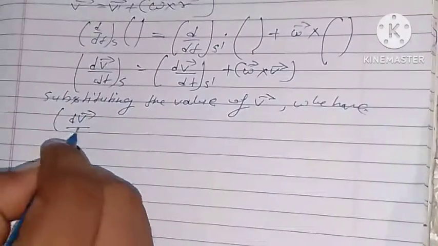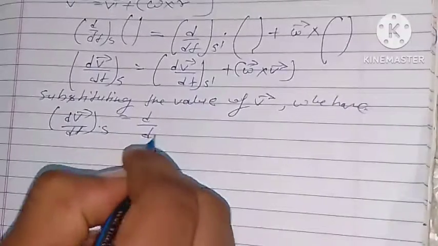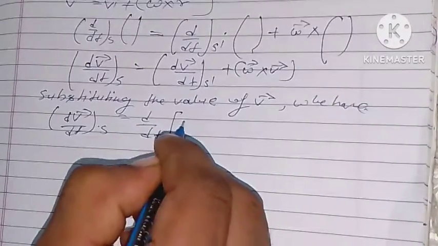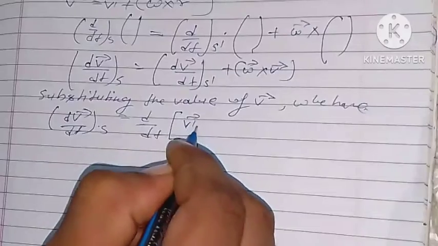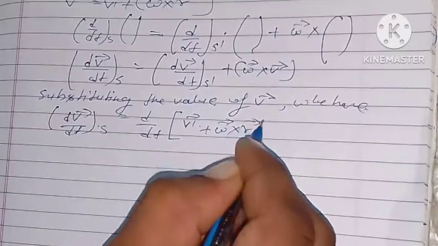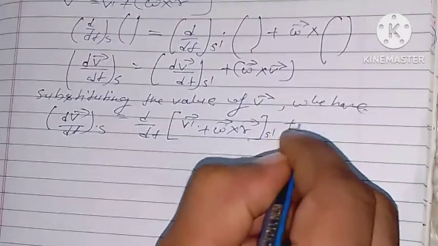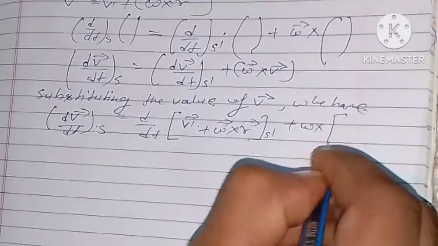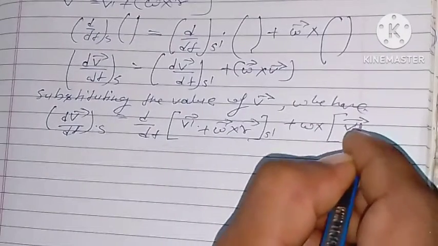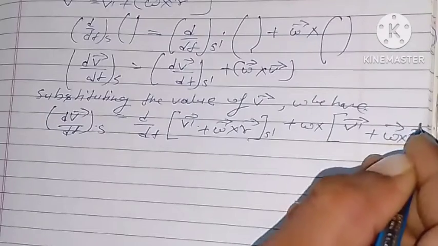vector dv upon dt equals d upon dt of vector v dash plus omega vector cross vector r in S dash, plus omega cross vector v dash plus omega cross vector r.